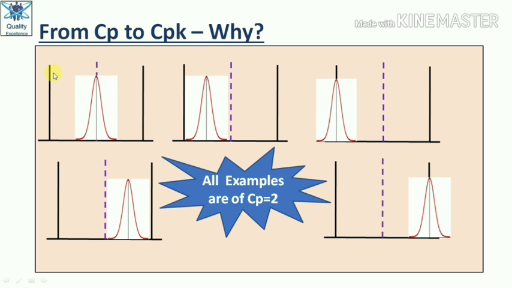If we consider this as 2 and this process width as 1, then your CP will be 2. So the process width and the specification width are same for all the 5 incidences. So what does it mean? CP is same for all the 5 cases.